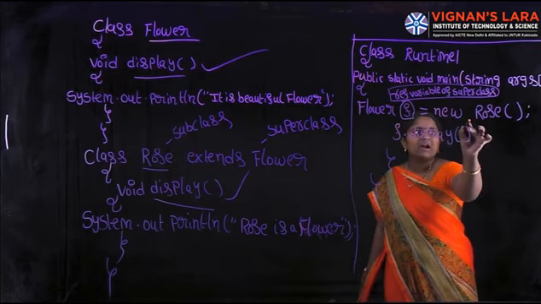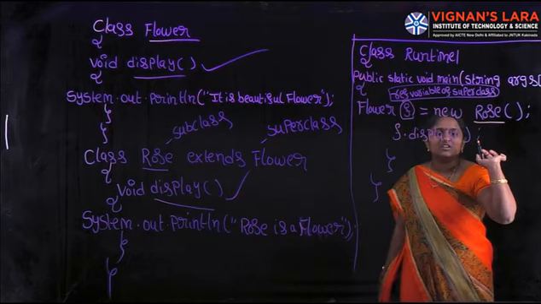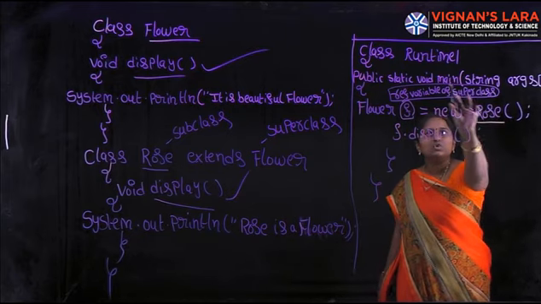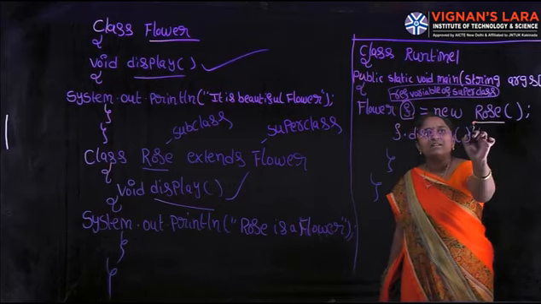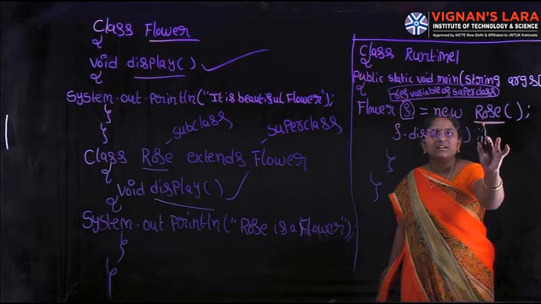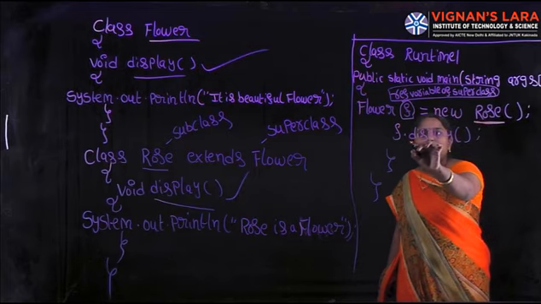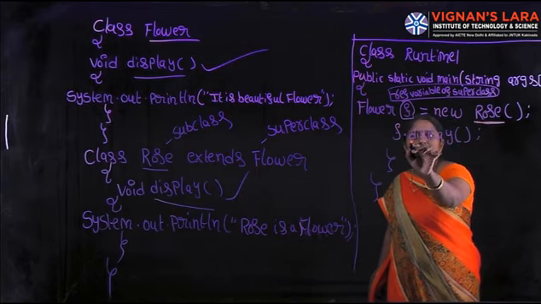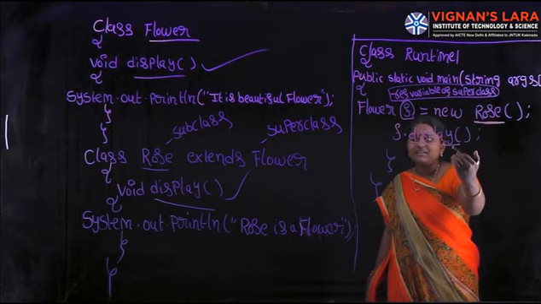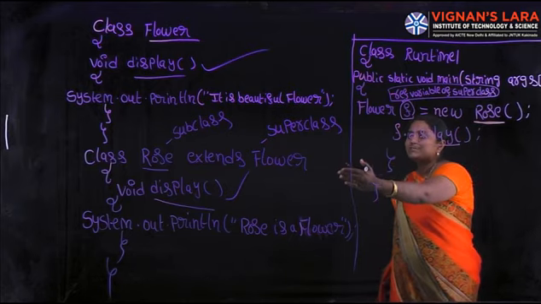Here, what is our object? Rose is our object. I am assigning the subclass object to the superclass reference variable. So the problem is resolved at runtime. We can call the overridden method with the superclass reference, and then the JVM will execute the subclass method body.